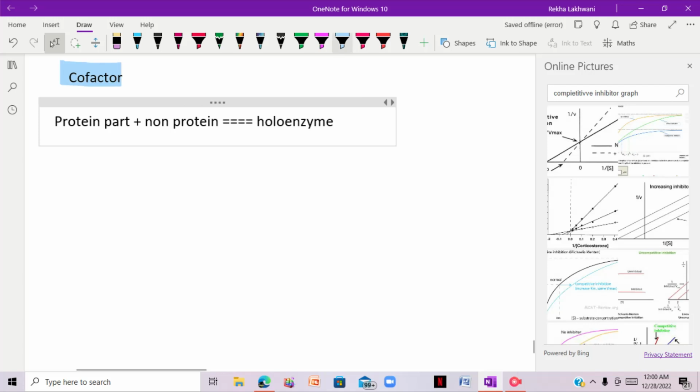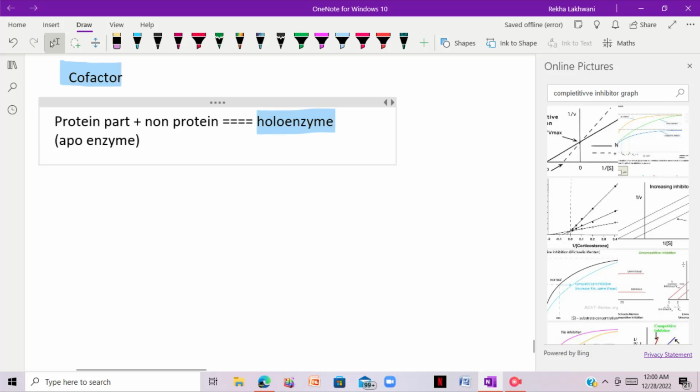The protein part itself is known as the apoenzyme, and the non-protein part is known as the cofactor.